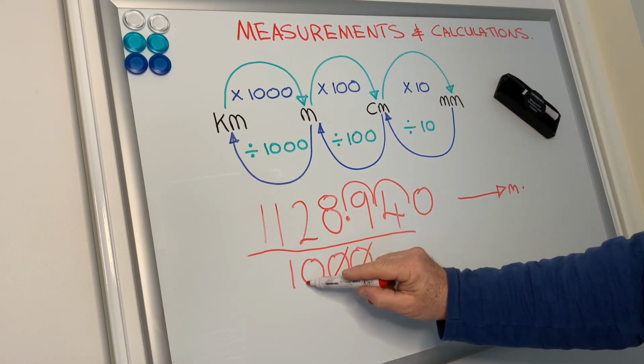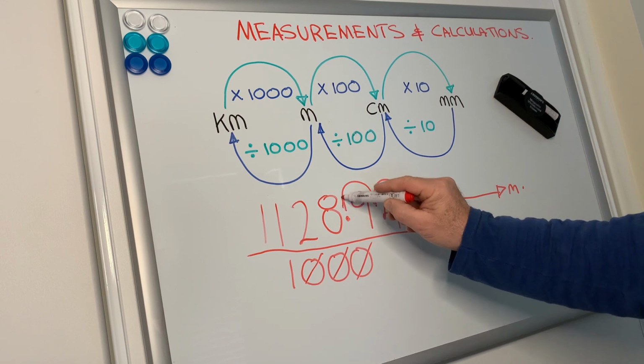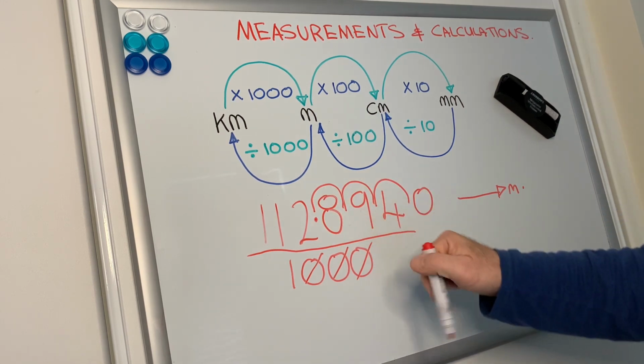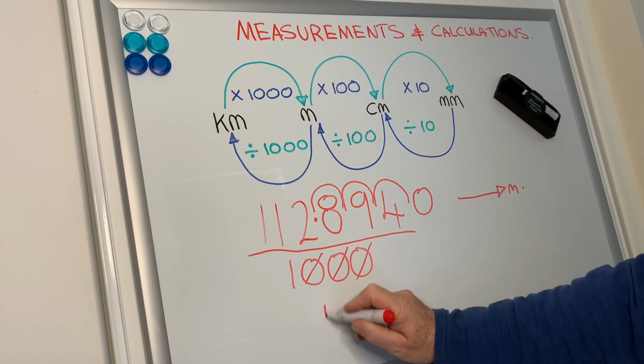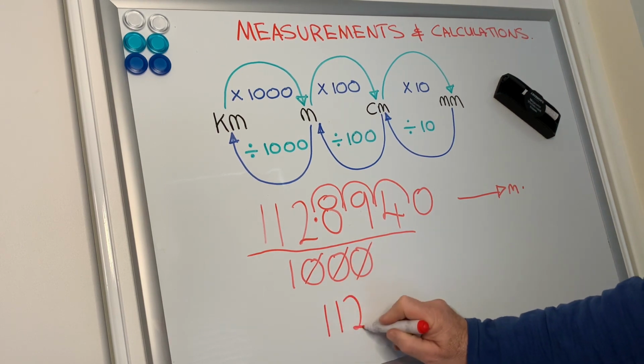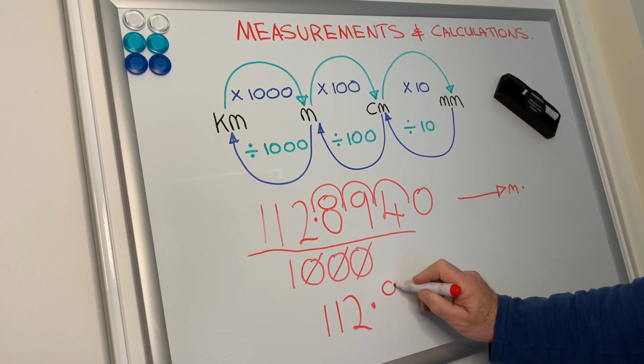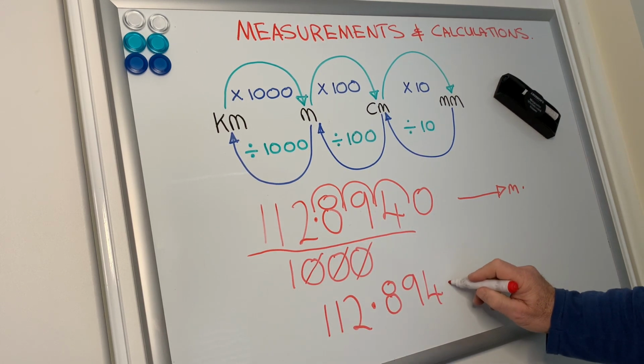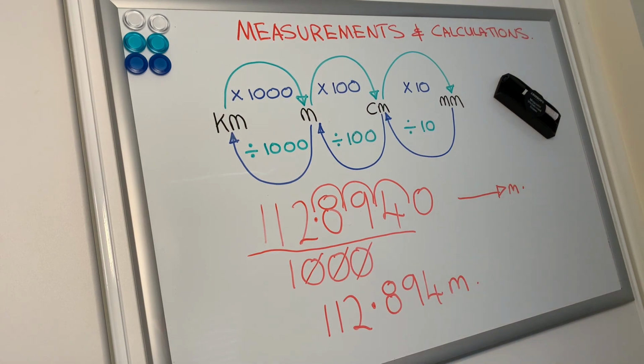Then we cross this 0 out, and move the decimal point into there, and that's its final point there. So we actually have 112.894 metres. Okay, that's just a simple way of looking at it.